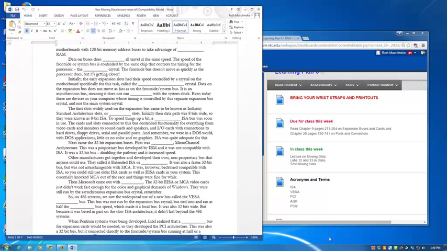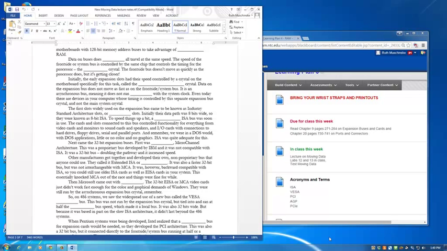This bus was not run by the expansion bus crystal, but tied into and ran at half of the speed of the front side bus speed, which made it a local bus. It was also 32 bits wide, but it was based in part on the slow ISA architecture, and it didn't last beyond the 486 generation systems.